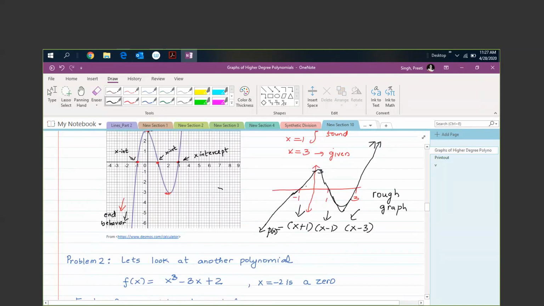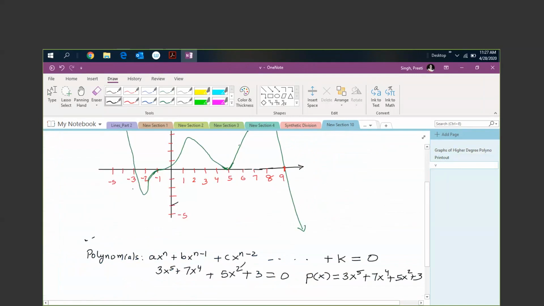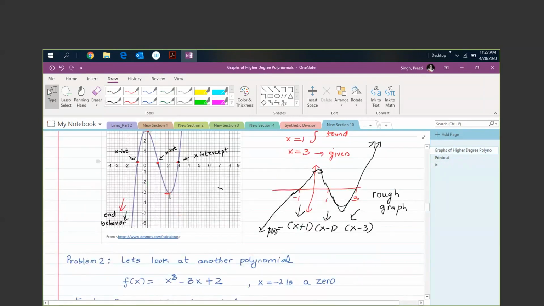Between 1 and 3, again, it has to make a turn. I don't know how it's turning. From the exact graph on Desmos, I can tell it's turning at -3. But when I'm drawing a rough graph, I may not turn at -3. I may turn at -5 or -1 or wherever, but I will give a turn for sure. Make sense?